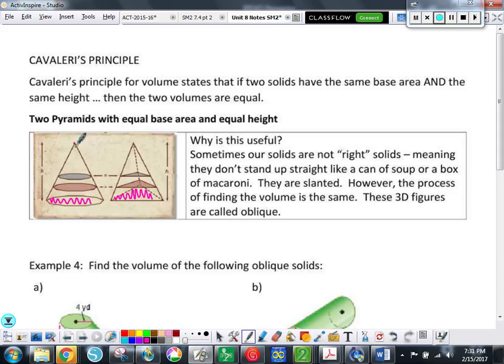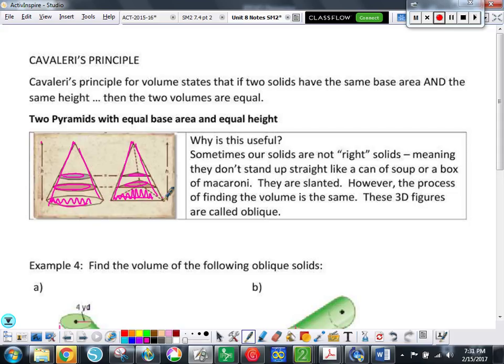In this case, it's a pyramid, so there is no area, but it could happen with a prism or a cylinder. If that's true, and the height is the same, then any cross section, which right here would have the same area, and the two volumes would be the same.